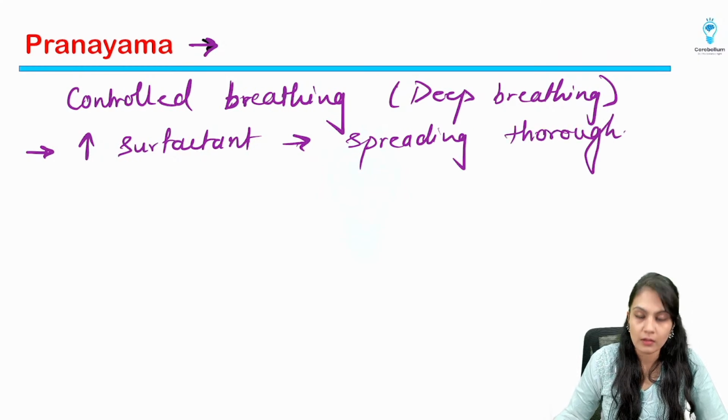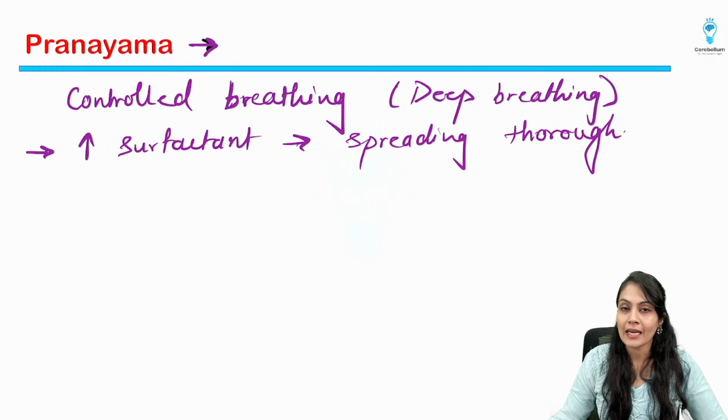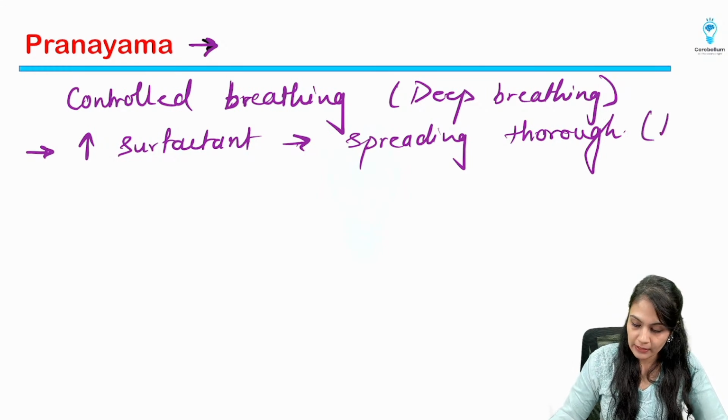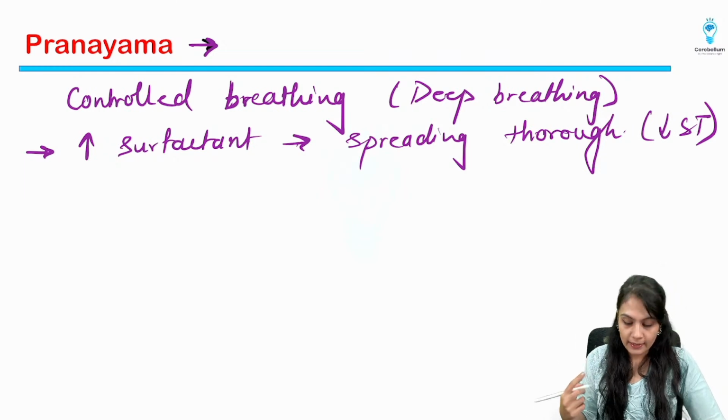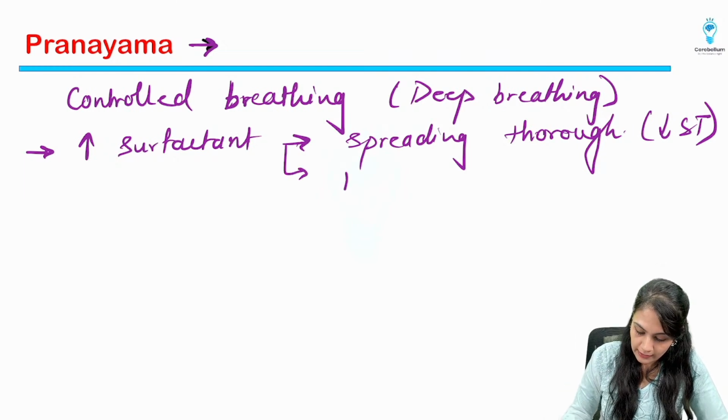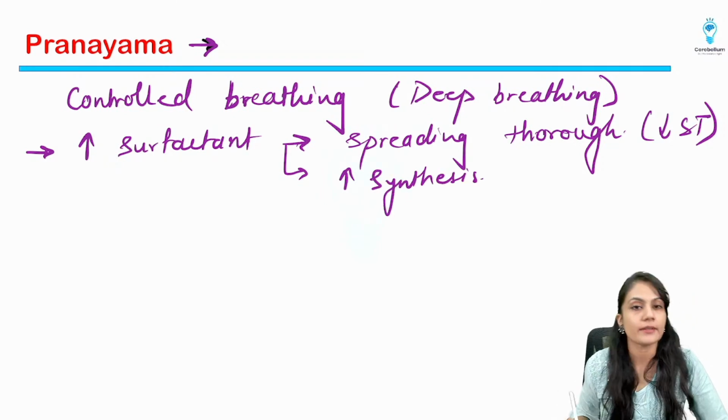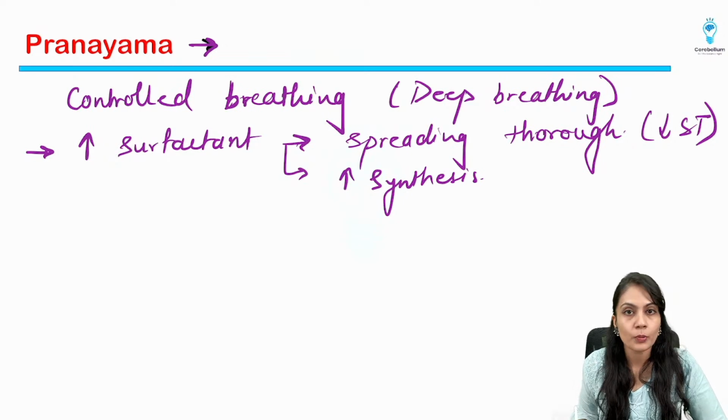So they are thoroughly spread everywhere, and because of that, what is going to happen? Definitely the surface tension will be reduced. Now, some of the studies also say that it increases the synthesis of surfactant, but yet it is not proven properly.